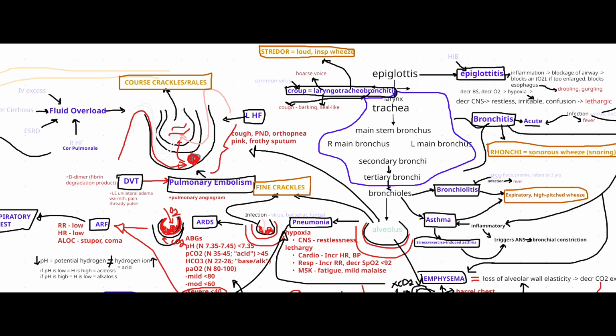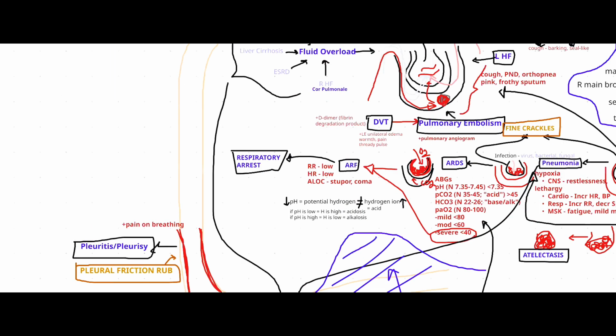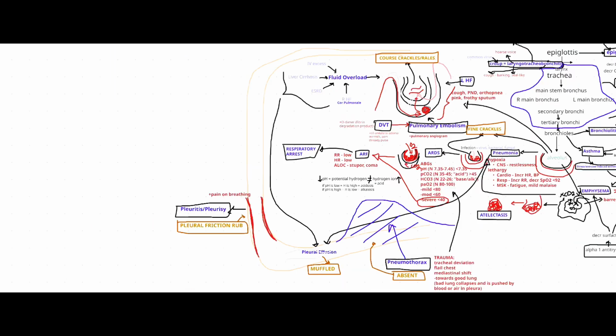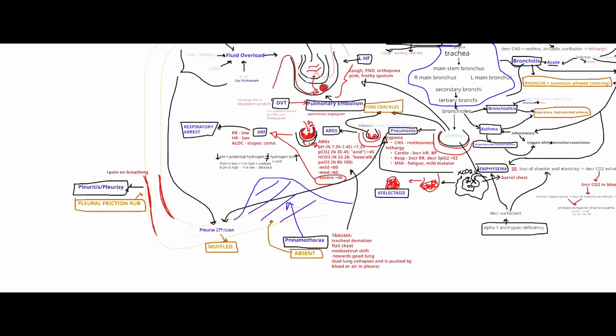Okay. So the other things that I've added here are the things that happen outside the lung. So one of the things that could happen, let me start over here, is that let's say someone has a really bad pneumonia, okay?